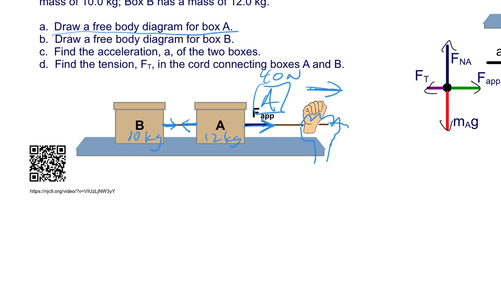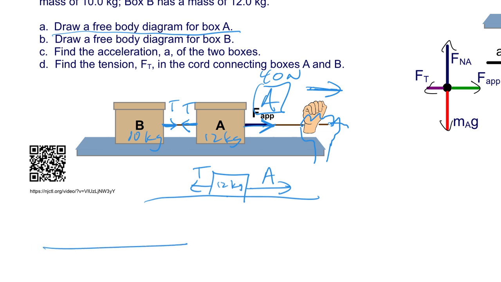Draw a free body diagram for box A. Well, box A has applied force, and I'll call that tension. Even though applied force is a tension too, but I'll just call it A. And this is box A. So I'll just say 12 kilograms inside. You don't have to do that, but it makes it clear. In box B, this has one horizontal force acting on it.